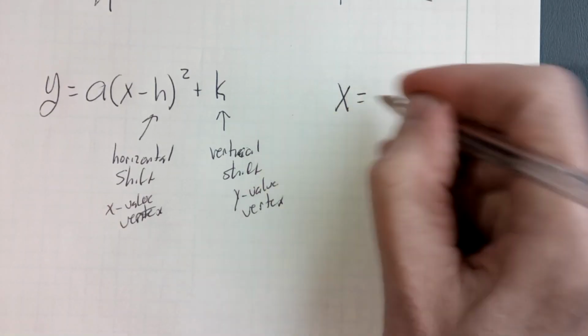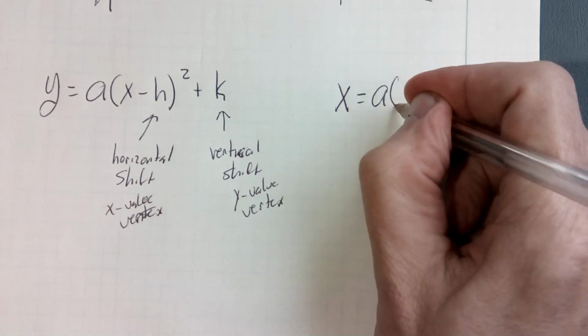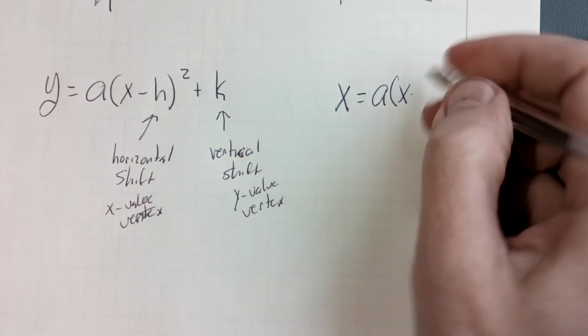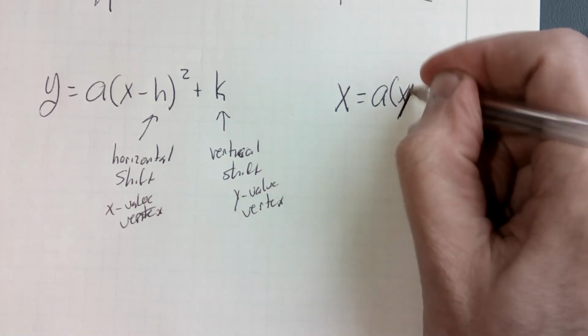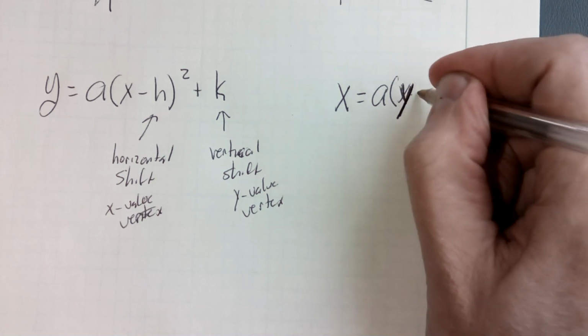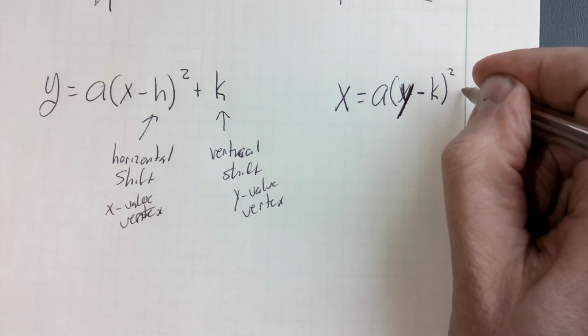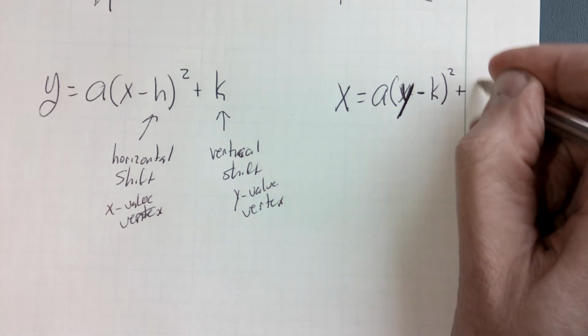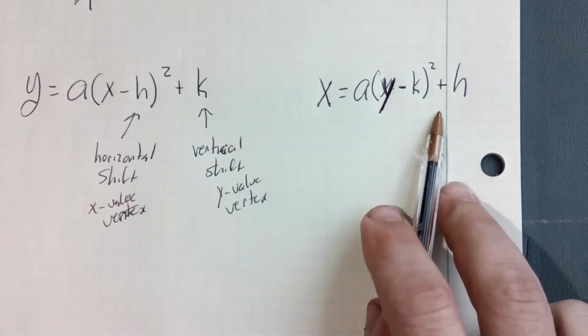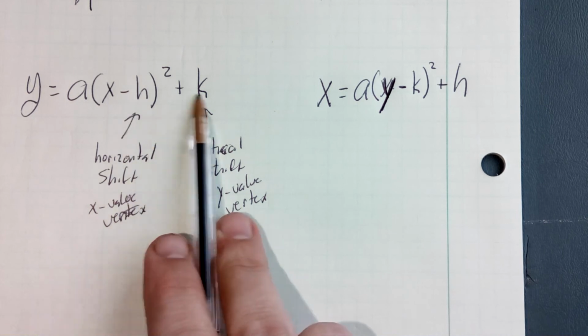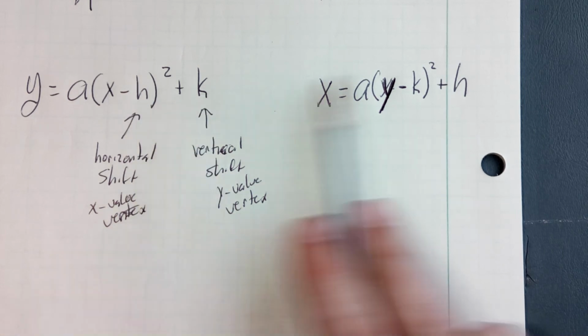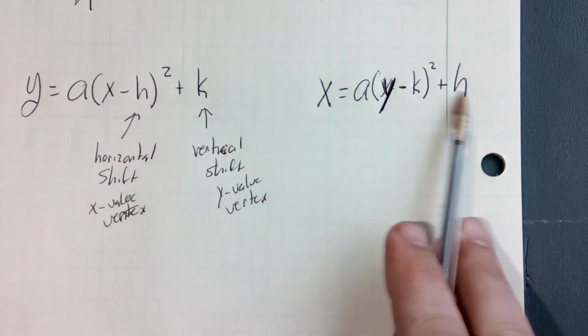Okay, but if it's open sideways, then the equation looks like this. x = a(y - k)^2 + h. Where again, now if you'll notice, I swapped the position of these two because their position is swapped.